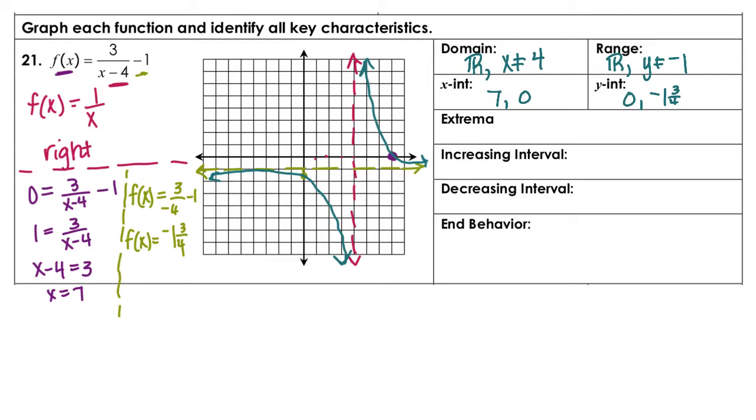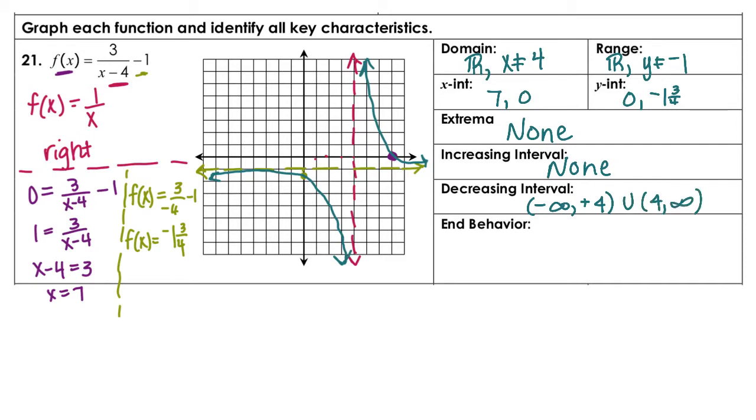As far as extrema, we don't have a maximum or minimum value through there. Increasing, this function is not increasing, but it is decreasing from negative infinity up until our asymptote at 4, and then on the other side of 4 to infinity.